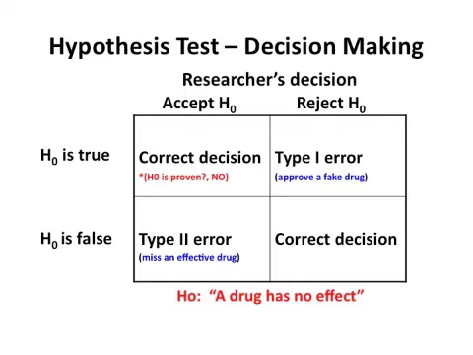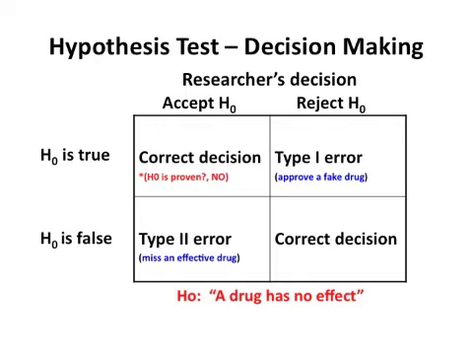But if you reject H null, you claim this drug has efficacy, but it does not have efficacy, because H null is true, then you make a mistake. That mistake is terrible because you send to the market some toxic chemical that does not work and let your patients take it. That's horrible because the damage is hard to undo.